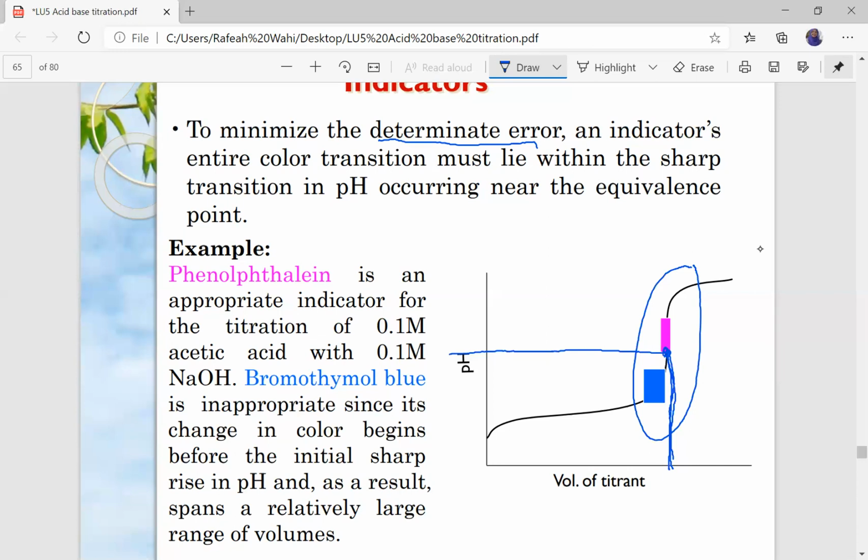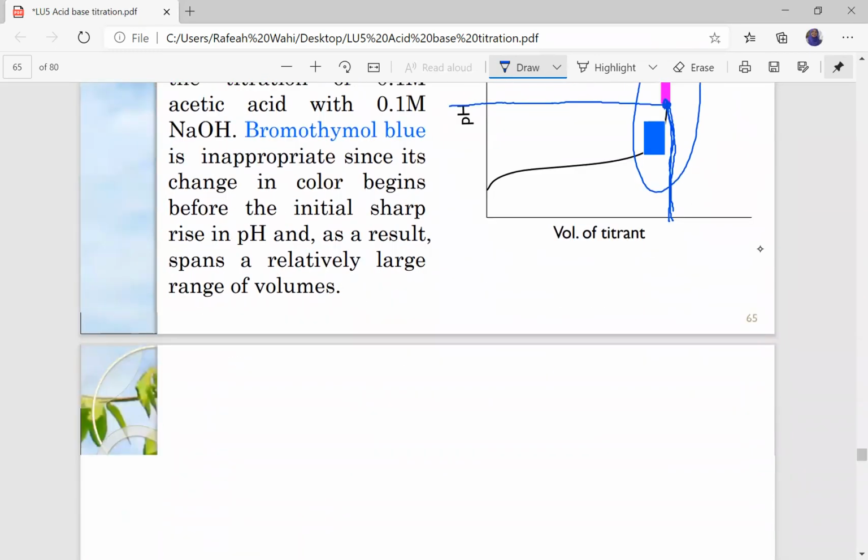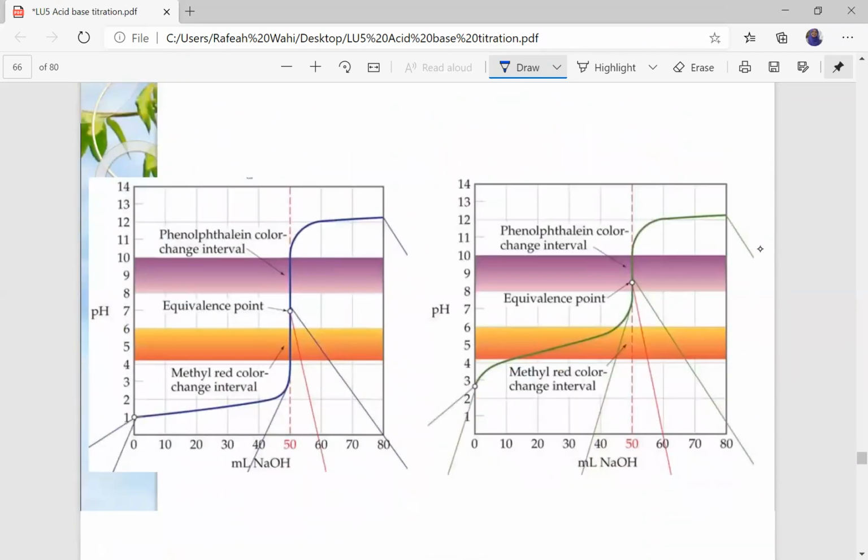If you use an indicator which gives color change before the equivalence point, it is not accurate. Okay, so this is why you should choose an indicator which shows the color change at a suitable pH range. It must be slightly after the equivalent pH. Okay, all right.